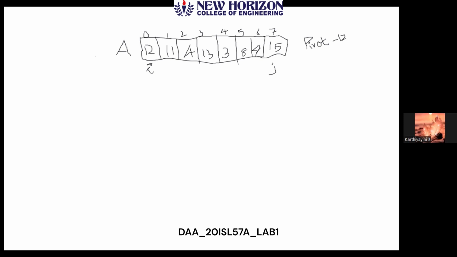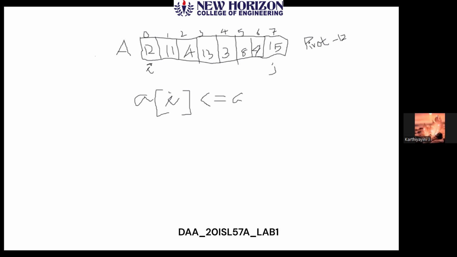So I have to compare. How can I compare? A of i, or capital A, anything you can take. A of i is less than or equal to the pivot, that means a of pivot.